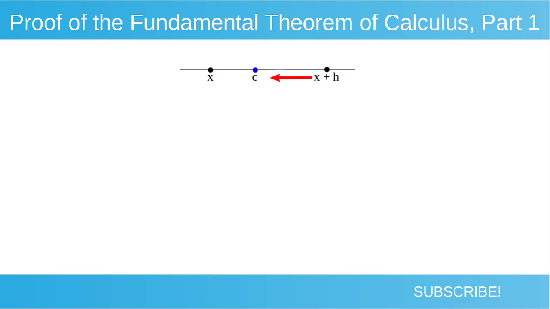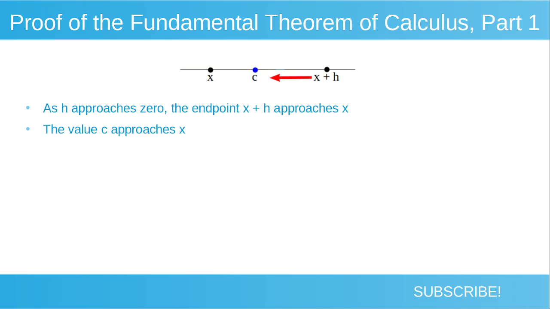If we look at this plot here at the top of the screen, here we've got a plot of our closed interval from x to x plus h, and we've got the point c on that closed interval. As h approaches 0, the endpoint x plus h approaches x. And as x plus h approaches x, the value c approaches x.